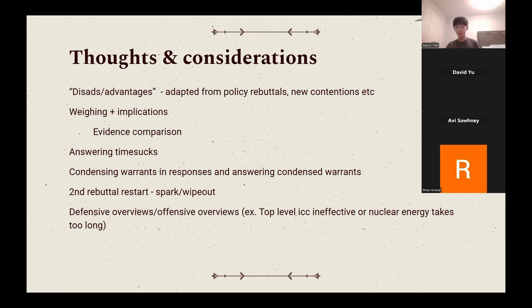How do you introduce the disads in rebuttal? Like, do you just start off by reading a new contention, or do you like... Yeah, you don't necessarily have to flag it as a disadvantage, but typically you will want to read it at the very top because, like I was talking about, it is a top shelf response.